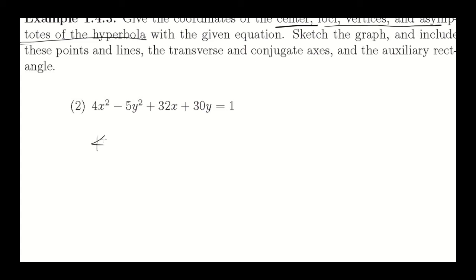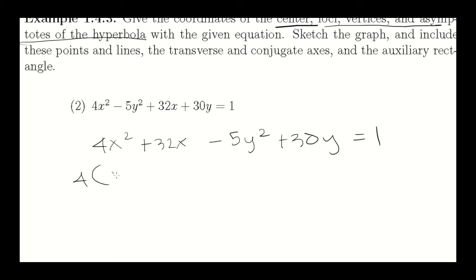So arrange it first: 4x² plus 32x minus 5y² plus 30y equals 1. Then we extract the 4 from the x² terms, so x² plus 32 divided by 4, which is 8x, plus blank, we don't know that yet.